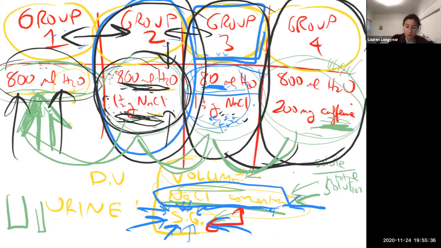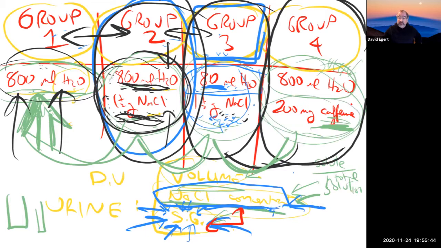Large volume of urine. Or in fact, larger volume of urine than group 1. So the same amount of water, but adding something that increases urine output under the same conditions, we would expect the largest volume out of here.